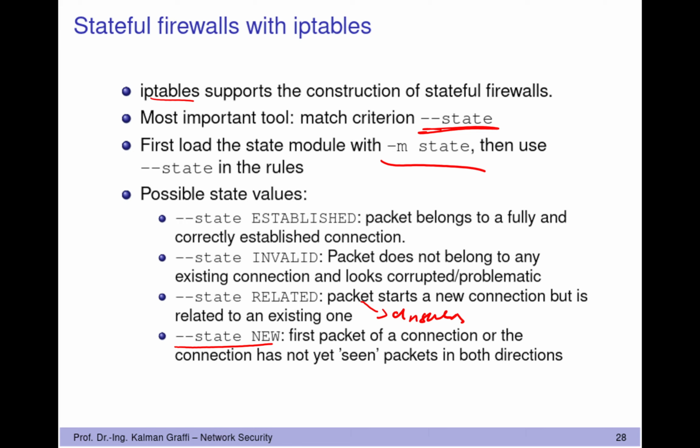No, sorry, let me put it differently. Let's take the simplest one: this is the answer. Typically you send out the message, and now the established traffic comes back. So here the answer comes back, and in this case you have a message communication ongoing.